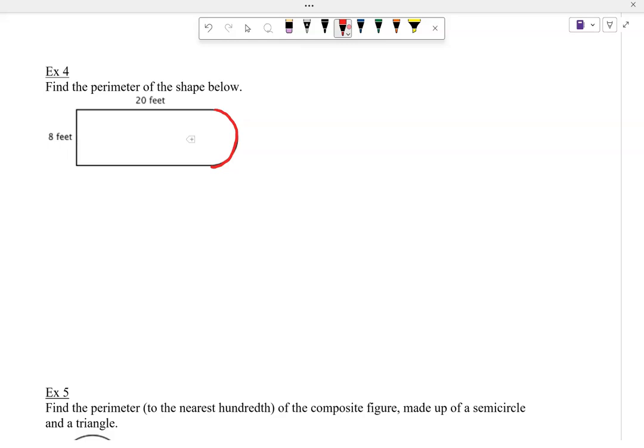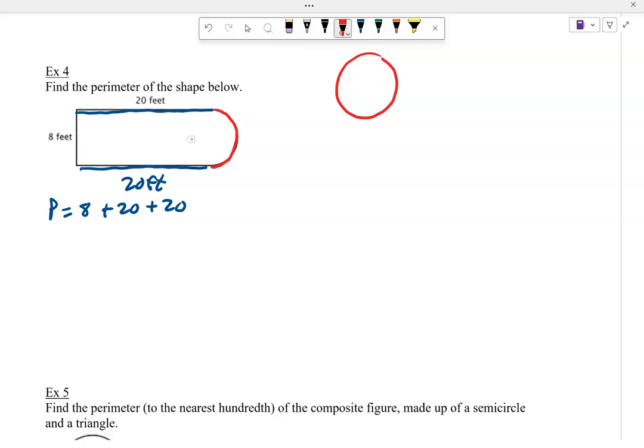So I have this 8 feet, I got the 20 feet, which is, let me do that in blue. Here's the 20 feet. I got another 20 feet down low, right? So this perimeter is 8 plus 20 plus 20. And then in red, it's not the whole way around a circle, it's only half of it. So a half of the circumference.